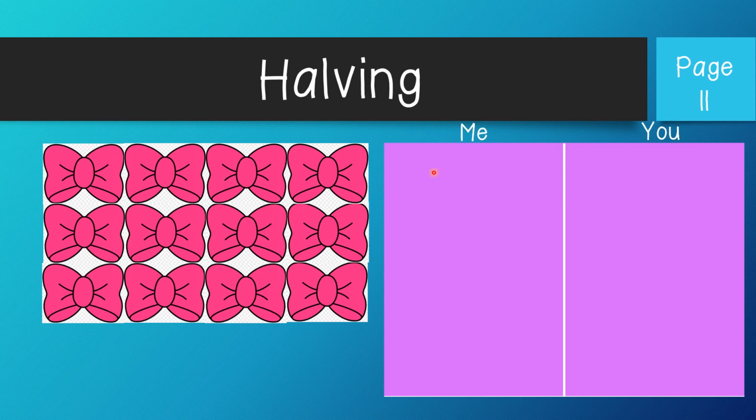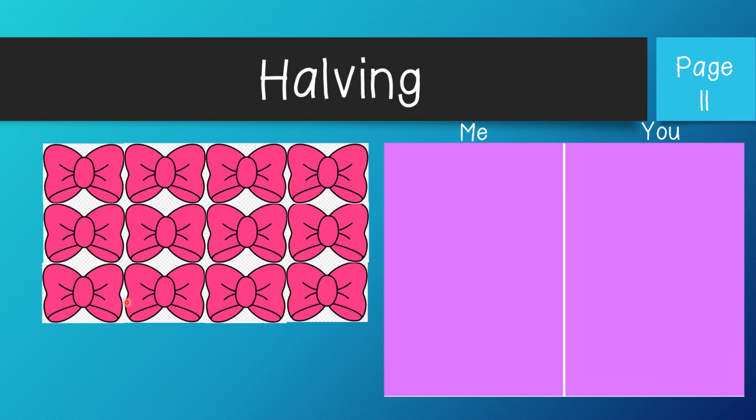We both have 2 blocks, one for me and one for you, and now we're going to count and shade equally so we both have the same number. 1, 2, 3, 4, 5, 6, 7, 8, 9, 10, 11, 12.